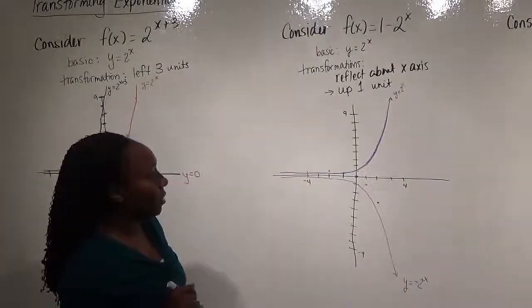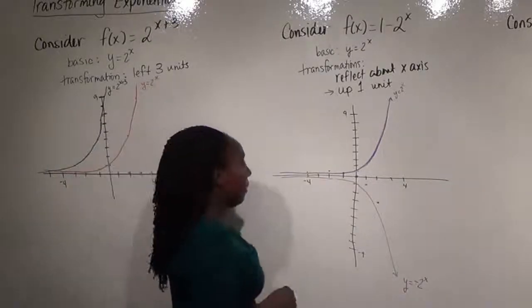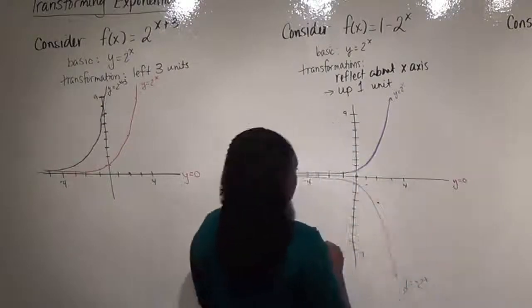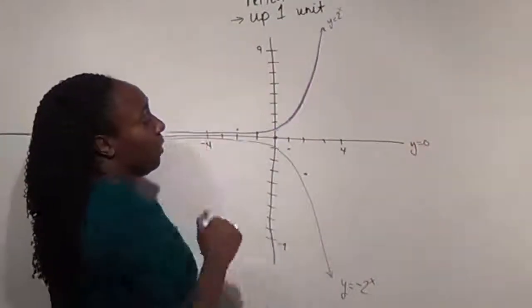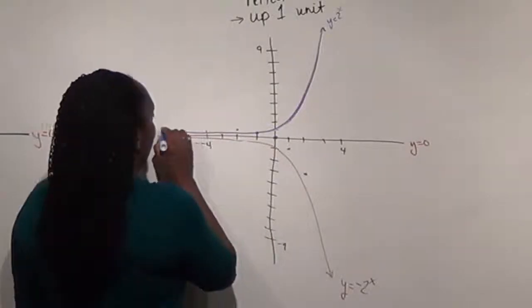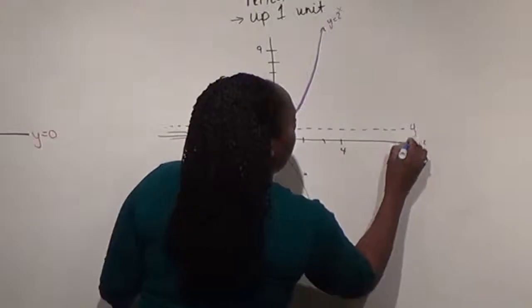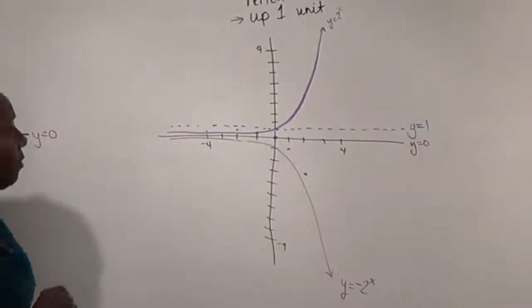So notice our asymptote has moved. Instead of it being here at y equals 0, the asymptote is going to be affected by this vertical shift. So over there at y equals 1 becomes our new asymptote.